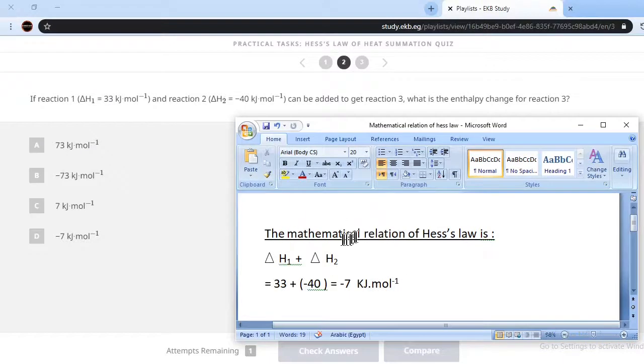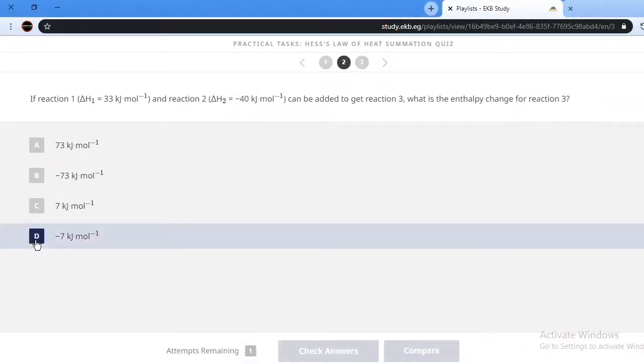So I have here the mathematical relation of Hess's law: delta H1 plus delta H2. I will add 33 kJ per mole plus minus 40. 33 minus 40 will give minus 7 kJ per mole. So this is the answer.